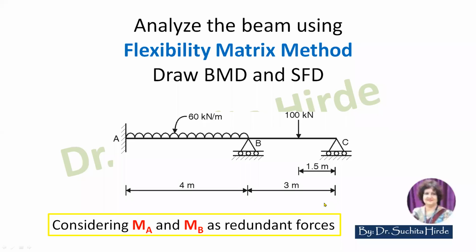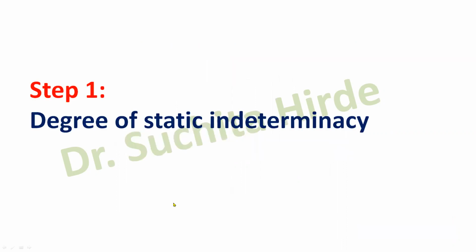So this video is about analysis of continuous beam using flexibility matrix method, considering MA and MB as redundant forces. So step number 1 in flexibility matrix method is always to calculate degree of static indeterminacy.